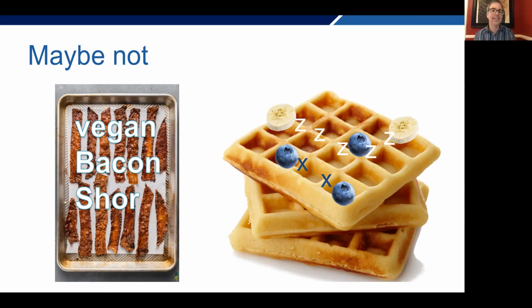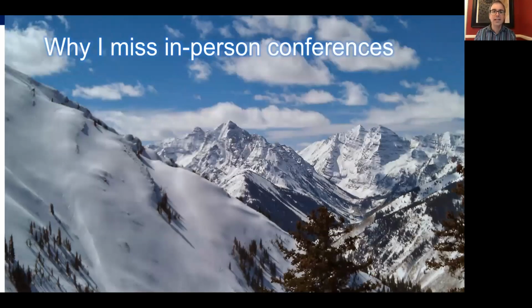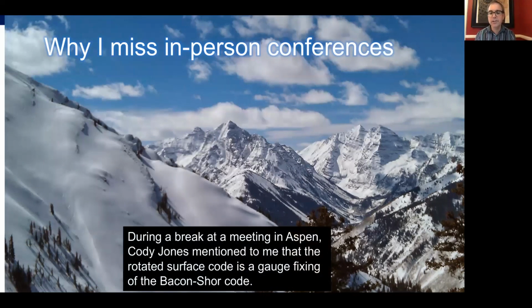So what I really miss about meeting in person for conferences is not just the beautiful mountains in Banasque, in this case in Aspen, but just the random things that people say to you when you're getting coffee or you're on a break. So at one conference in Aspen, Cody Jones said to me, "Oh, the rotated surface code is just a gauge fixing of the Bacon-Shor code."